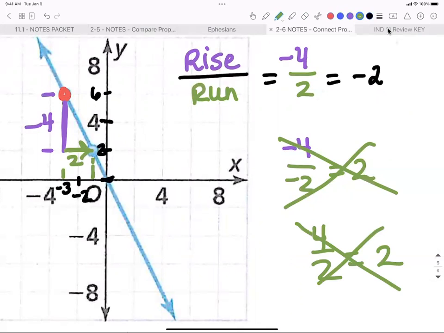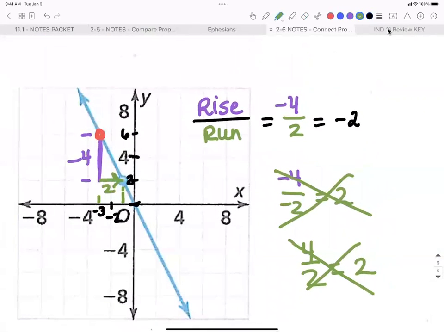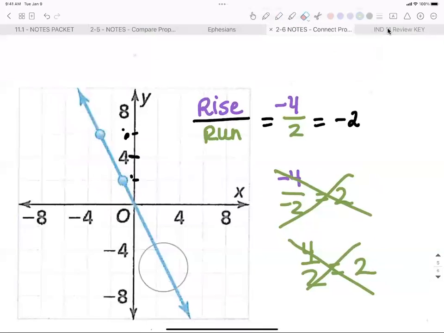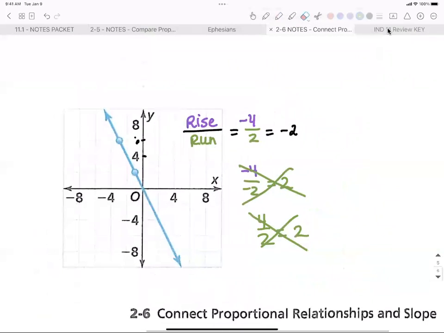Let that be the way you catch a mistake: you say, I cannot get a positive number for my slope if I'm physically looking at my line and it's running downhill. Something doesn't compute. So let me erase all of my stuff here just so it's kind of a clear picture. If you're looking at this line, you always read lines left to right like you read words.